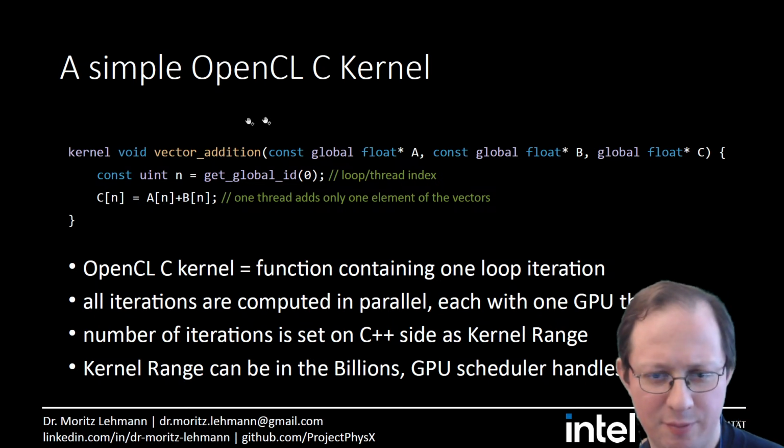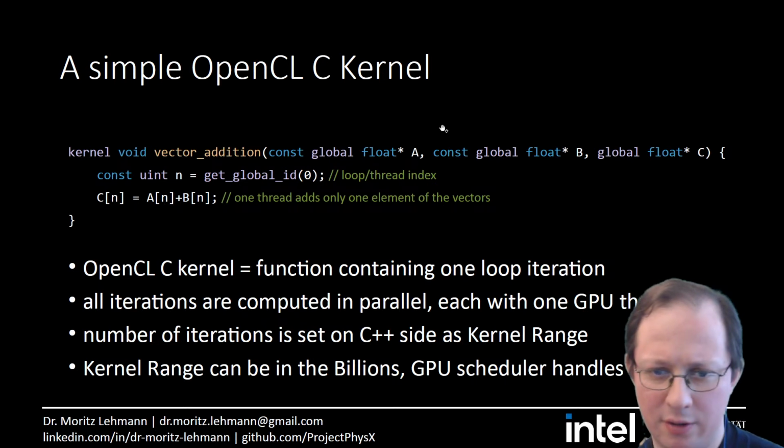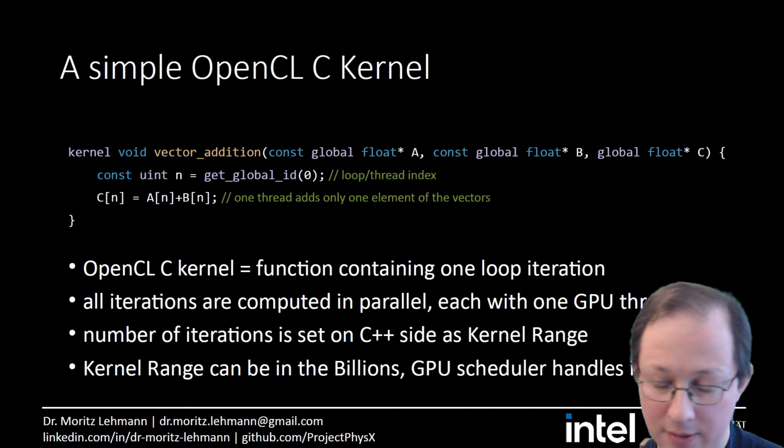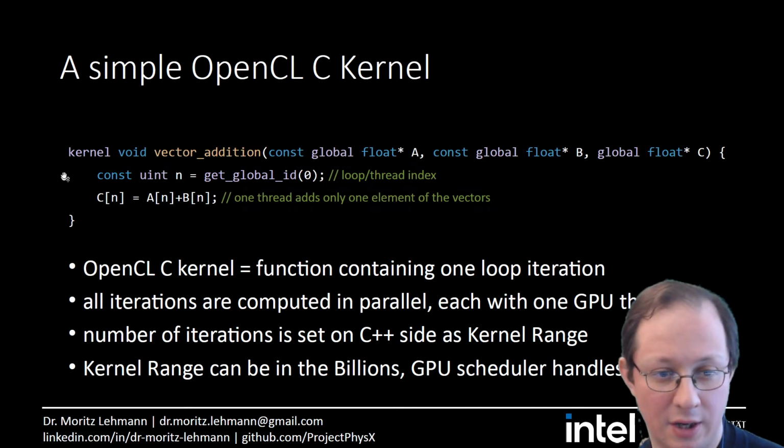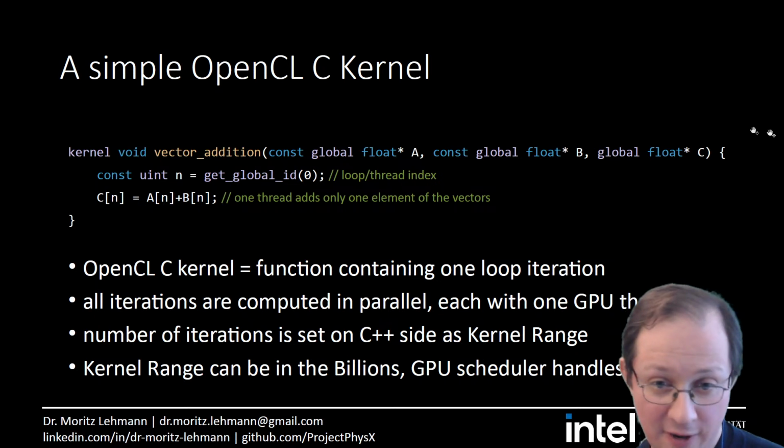This is an example for people of a kernel. You'll typically be working on arrays, so you'll supply a bunch of pointers to arrays as arguments, and you'll define this one kernel.